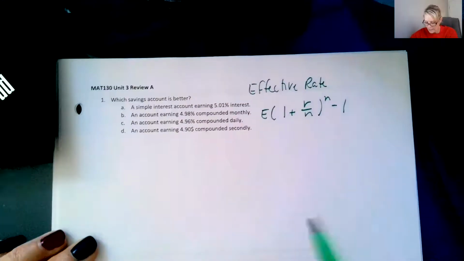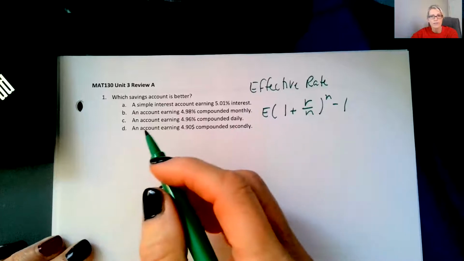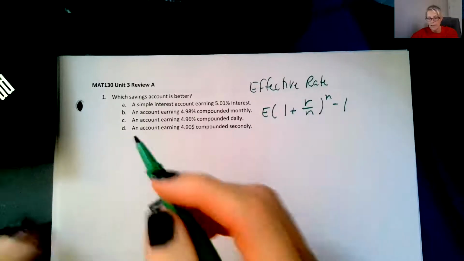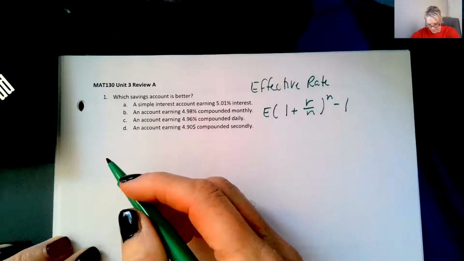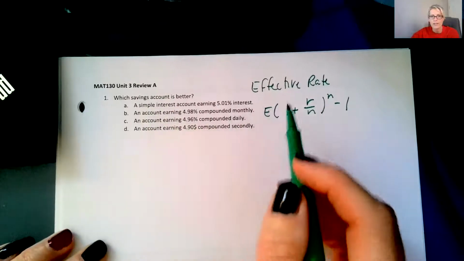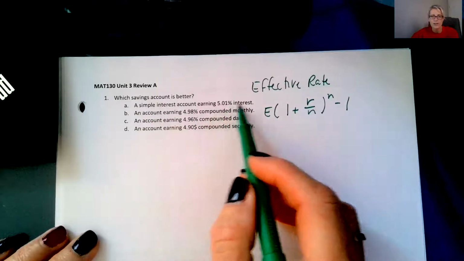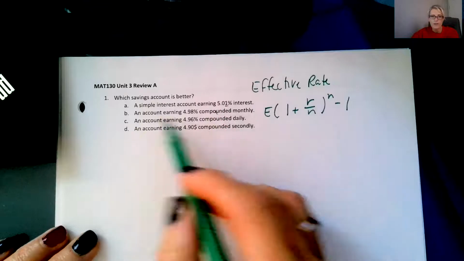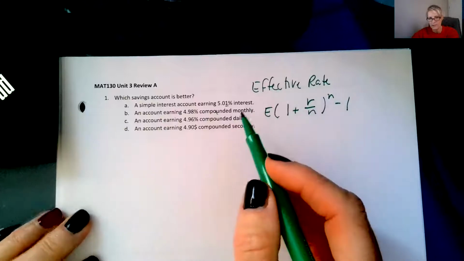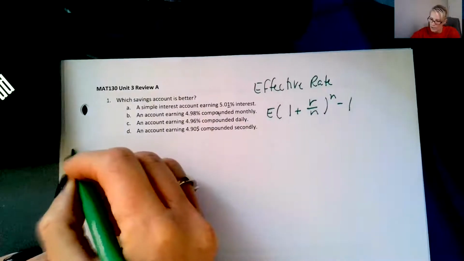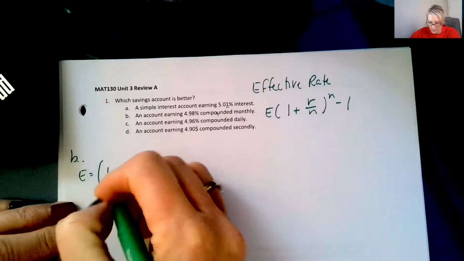It essentially puts all four of these different investments and savings accounts into an apples to apples comparison. It'll give us an interest rate that would return the same simple interest here. So we're basically going to do the effective rate for B, C, and D and compare it to 5.01 in the simple interest.